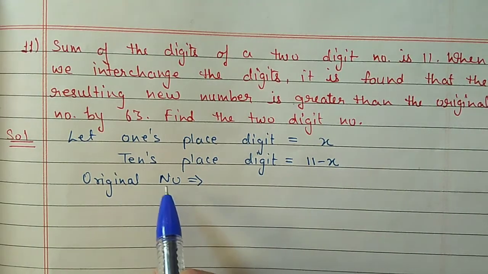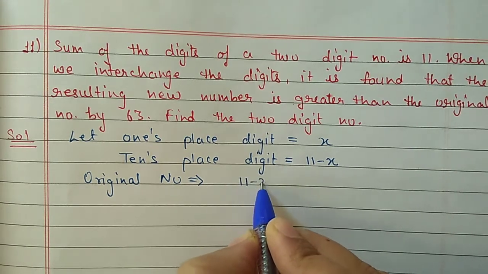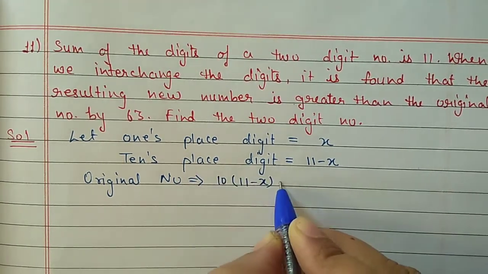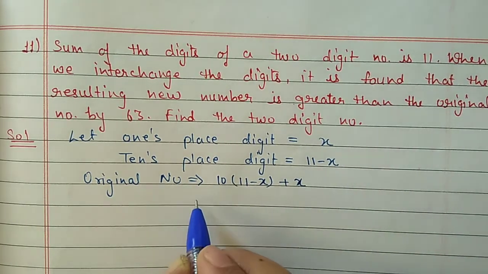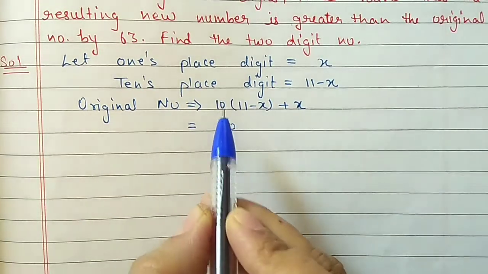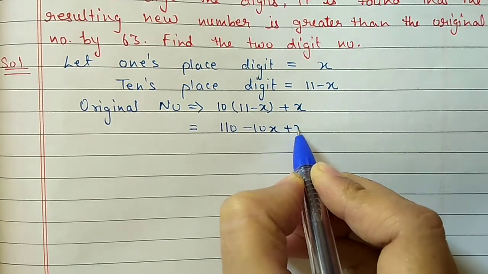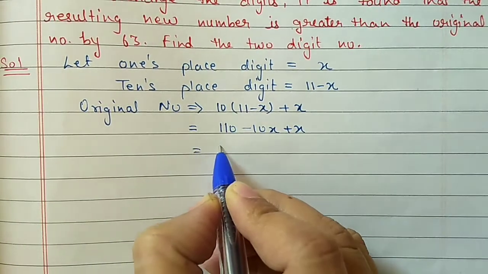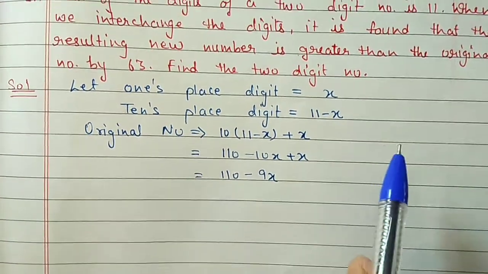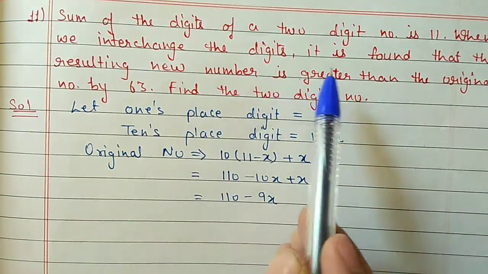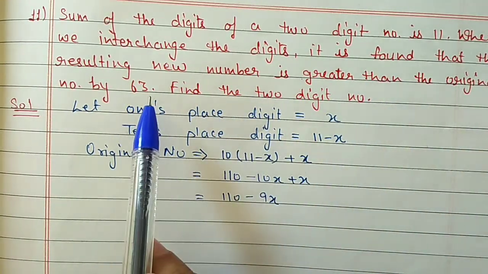Then the original number will be: the tens place digit we have to multiply with 10 and then add the ones place. So 10 into 11 minus x, plus x, we will get 110 minus 10x plus x, and when we simplify, we will get 110 minus 9x. Now next thing they told, when we interchange the digits, it is found that the resulting new number is greater than the original number by 63.